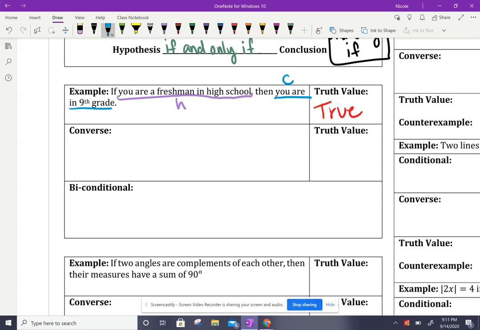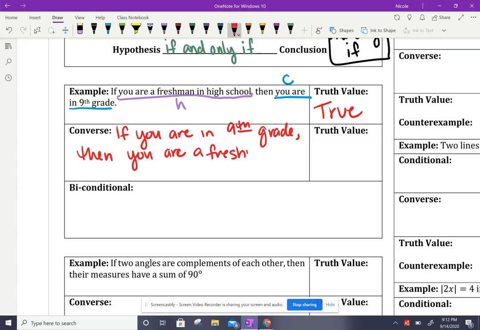Those stay where they are. So I'm going to switch the hypothesis and conclusion and get: if you are in 9th grade, comma, then you are a freshman in high school.